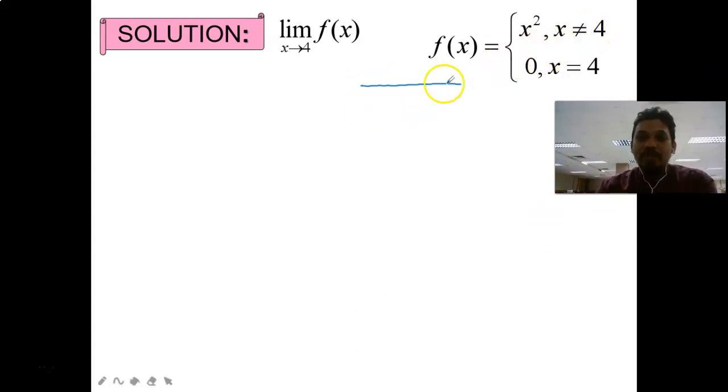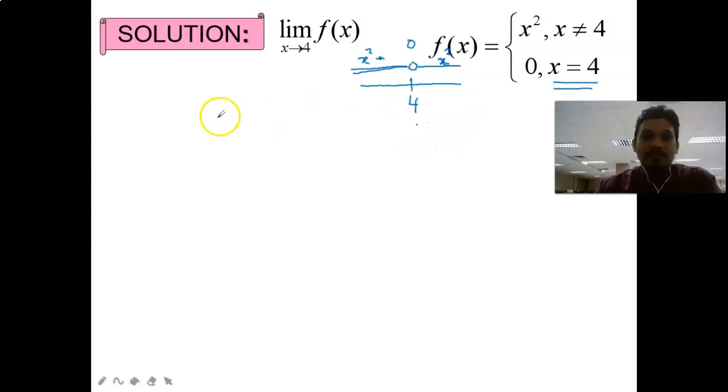For this one here now, just imagine that when x equals 4, this is x squared, the domain of the function for x squared, and also x squared here. But when x is exactly equal to 4, the value is 0. It's not x squared anymore.